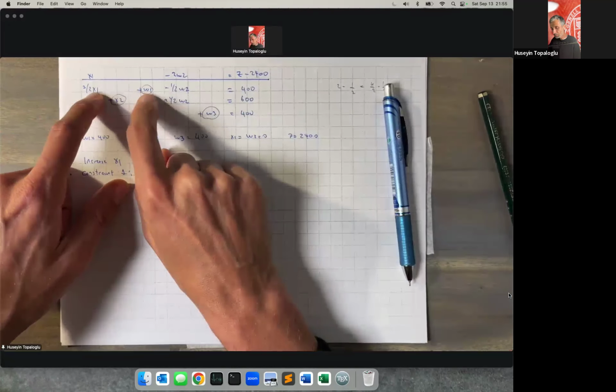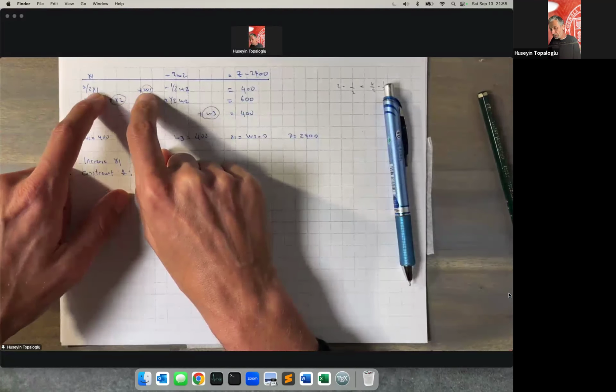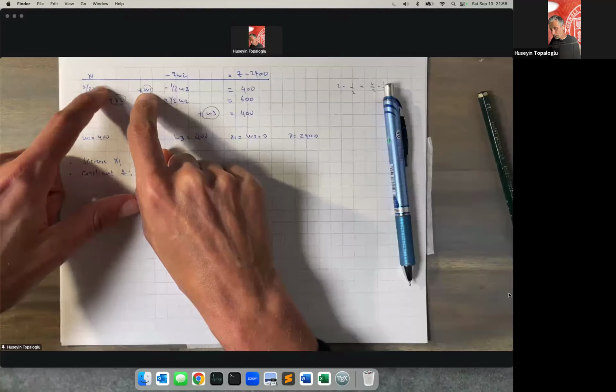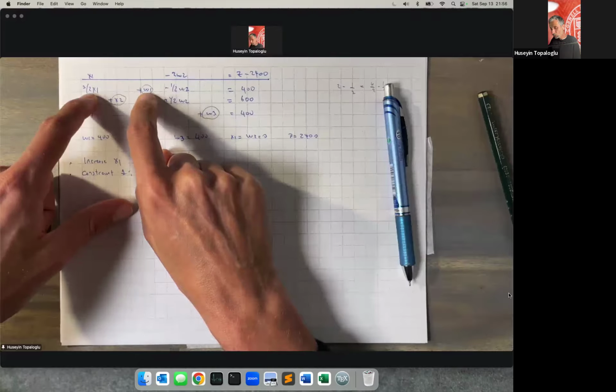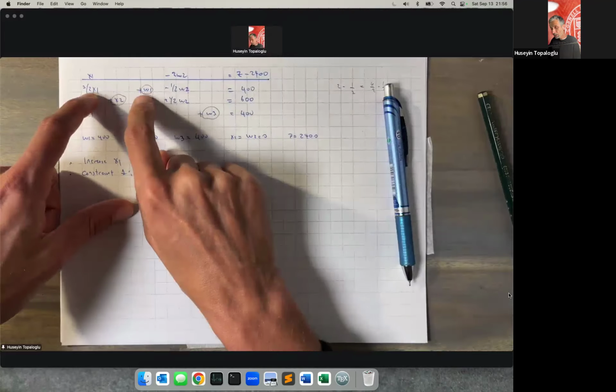So how much can I increase x1 without w1 turning negative? Right now, x1 is 0, w1 is 400. If I increase x1 to 100, then 100 times 3/2 is 150, W1 is equal to 250, so their sum is 400.